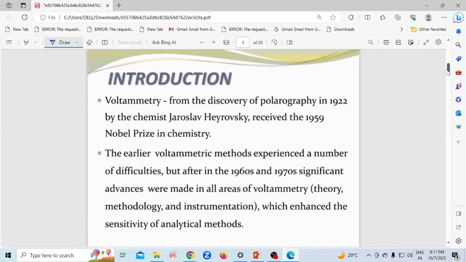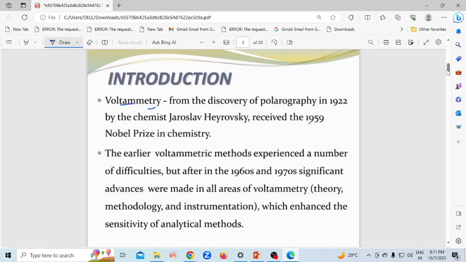Now we will discuss voltammetry. Voltammetry comes from the discovery of polarography in 1922 by the chemist Jaroslav Heyrovsky, who received the Nobel Prize because these techniques are very innovative and are used in very important and significant applications.